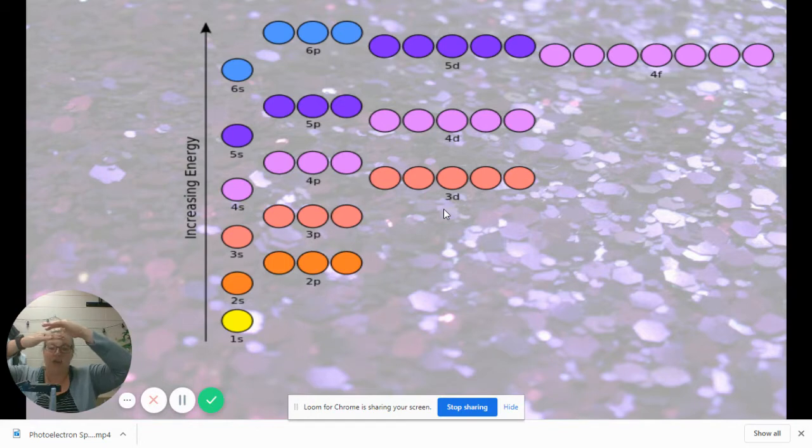That's not how this works. What ends up happening is that you have the 3s shell, then the 3p, and then evidence shows us that there's only 2 electrons that show up in the next shell. But then all of a sudden there's 10 electrons in the one after that, and it causes problems.